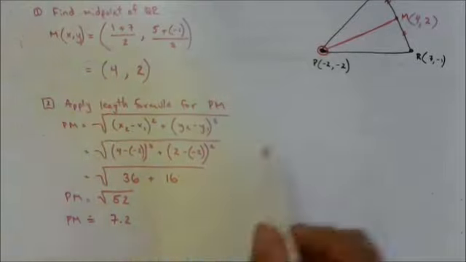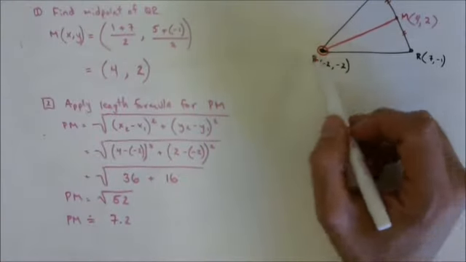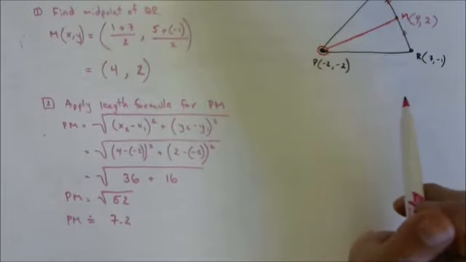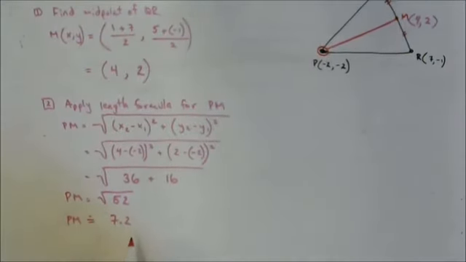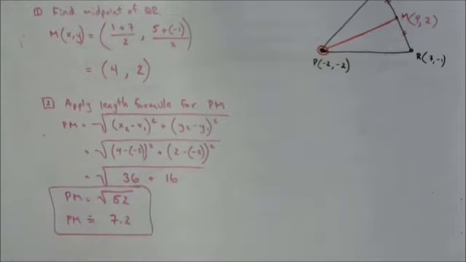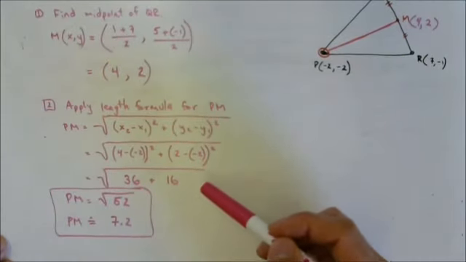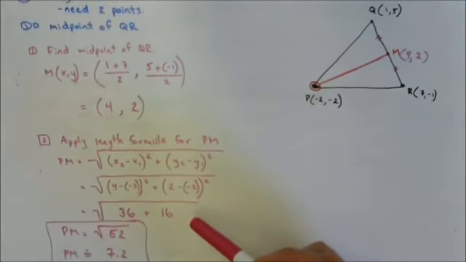So this is the length of the median from P in triangle QPR. We don't have any units given, so that's another indication that square root of 52 is a good answer. As it's not a real world situation, there are no units given. It's applying the things that we've done before. This was first find the midpoint, then apply your distance formula in order to get the median.